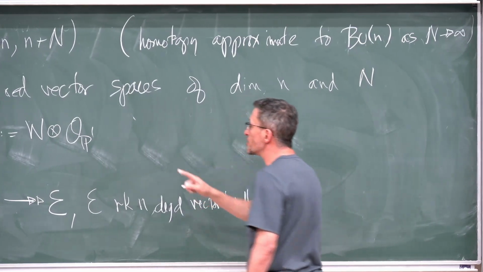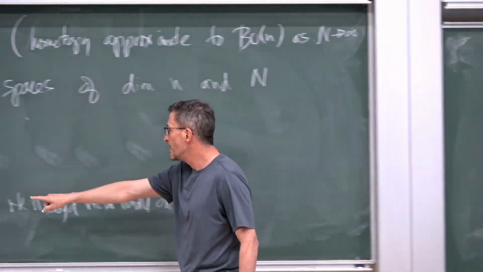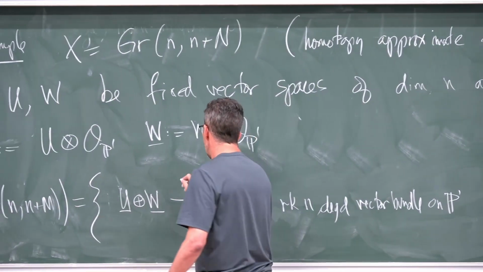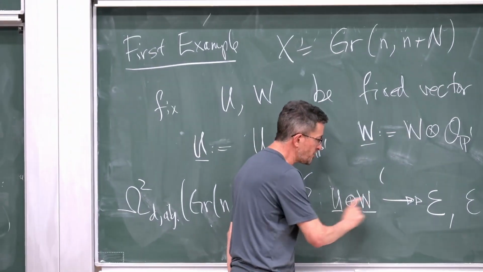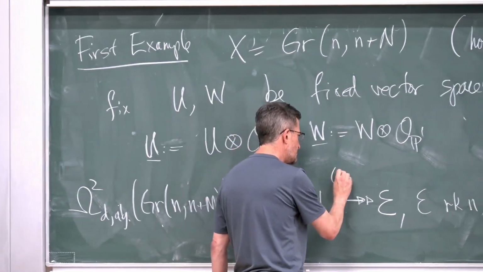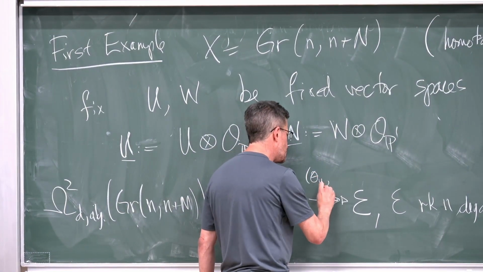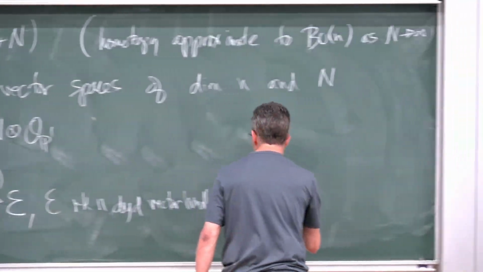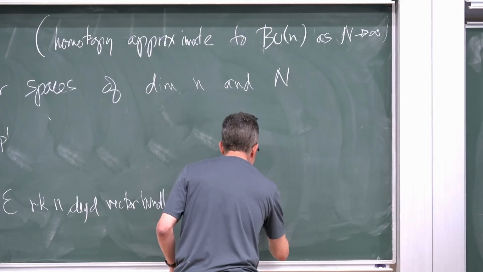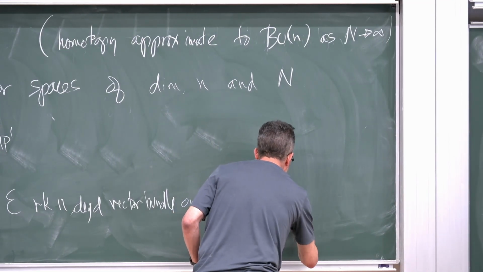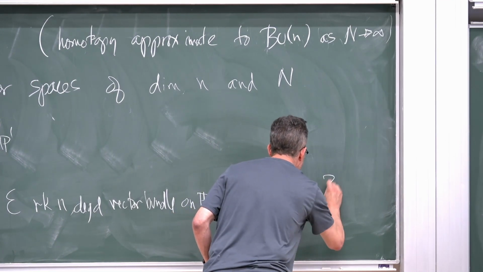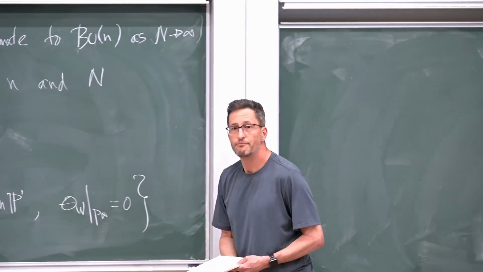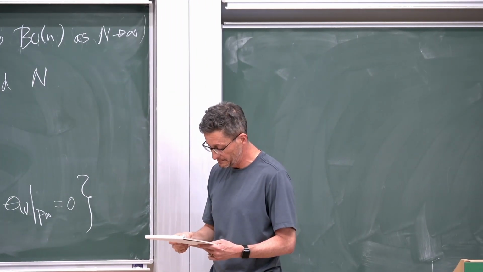And the based condition tells me that at infinity, the fibers here are isomorphic to this U, right? So if I give names to these maps here, we have that theta W at P infinity is 0. Okay, it's a pretty concrete thing.